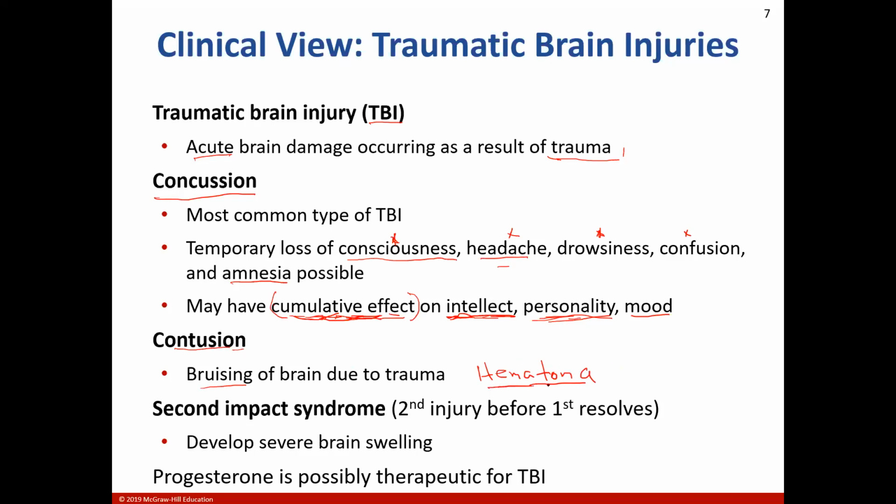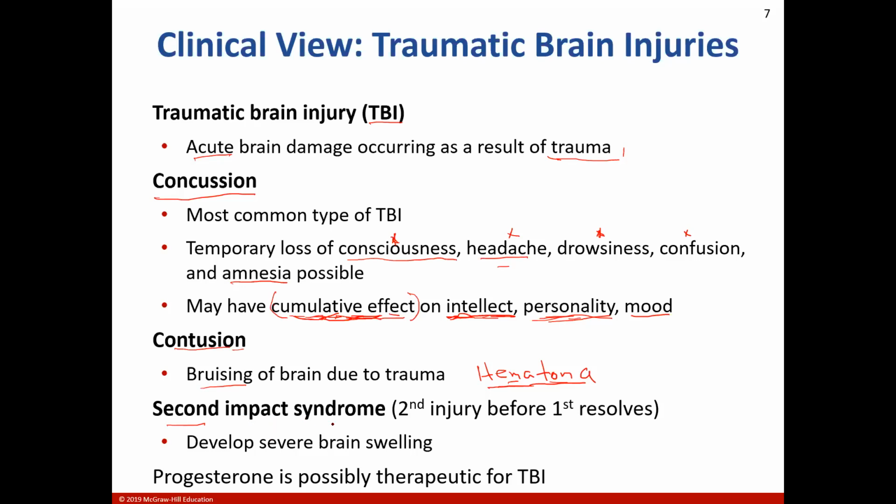So hematoma means blood pooling in the brain, like a brain hematoma. Like subdural, you might have heard of epidural hematomas, things like that. And by the next lecture, you'll understand what the dura is and what subdural and epidural mean. So I'm just going to introduce some of this brain stuff.